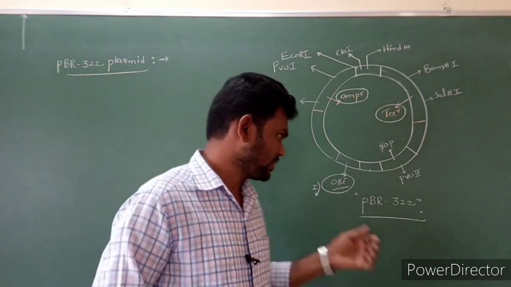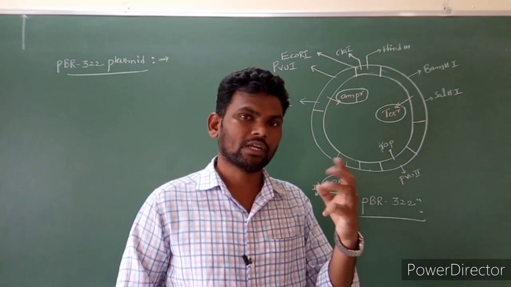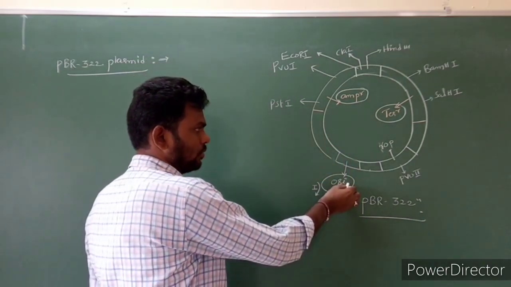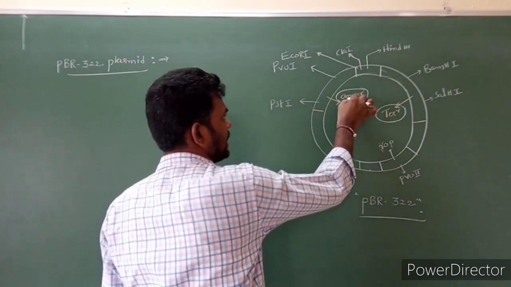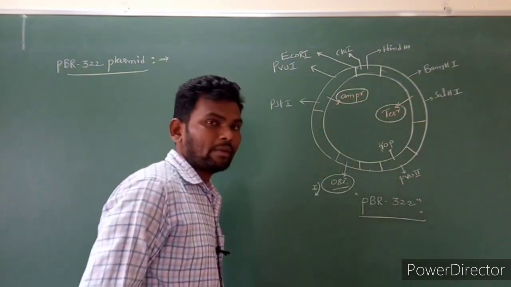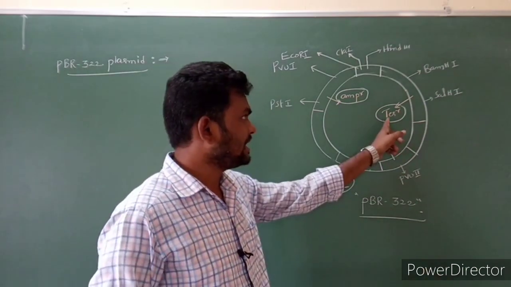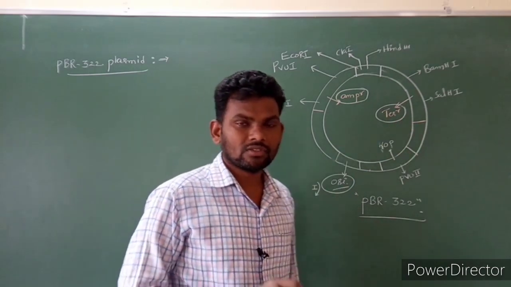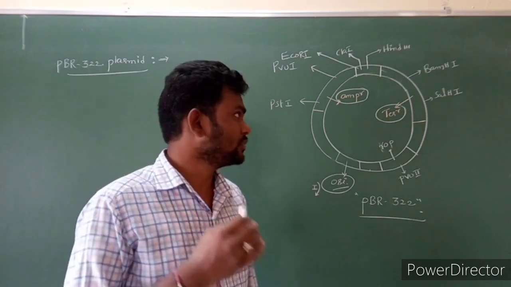First one is the Ori site, second is the selectable marker site, third is the cloning sites. In pBR322, the two markers are AMP as well as TET. AMP means ampicillin resistant site. TET means tetracycline resistant site. So these are resistant to ampicillin as well as tetracycline.